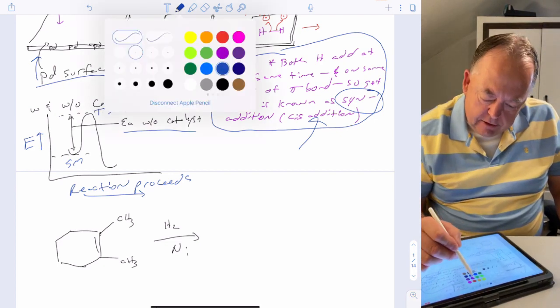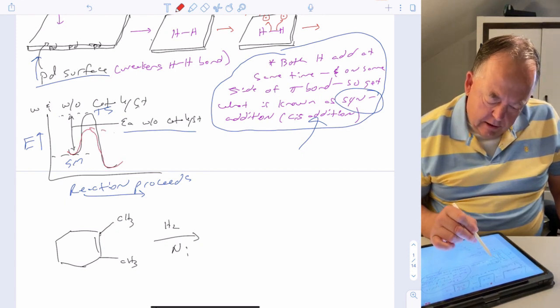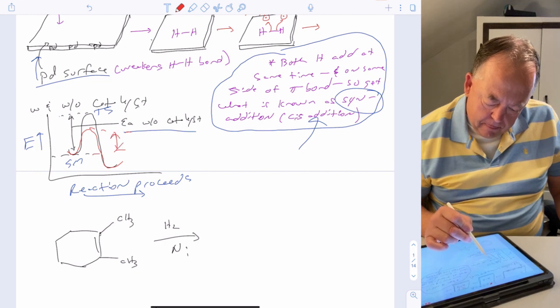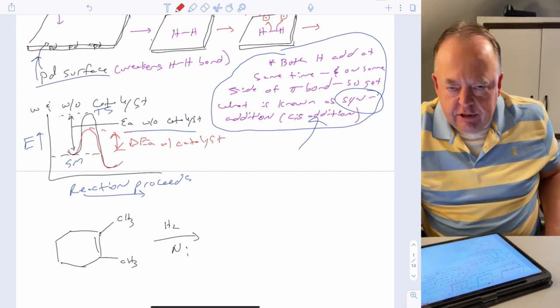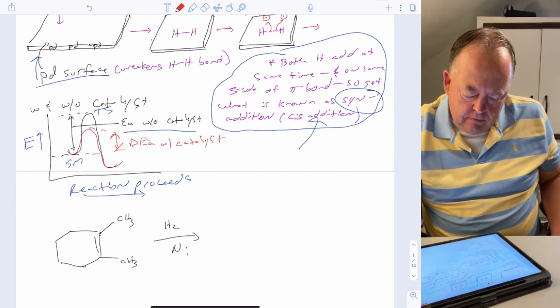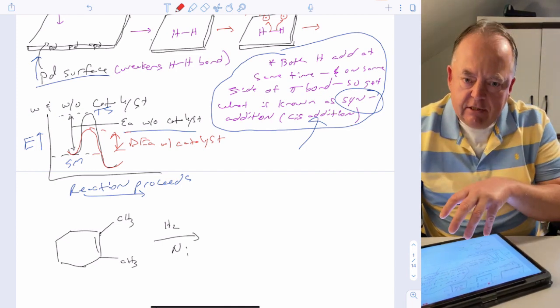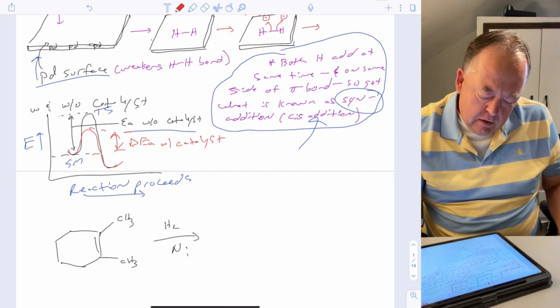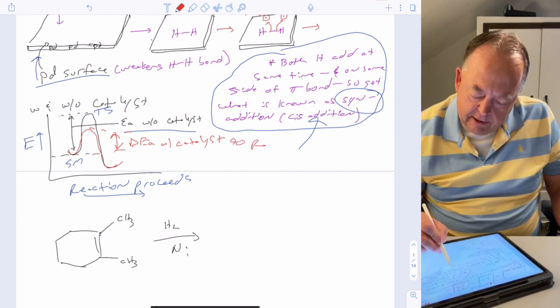So what does a catalyst do? It lowers the energy of activation. That would be the energy of activation with the catalyst. So the activation energy is lower. It can change the entire course of the reaction, but you start and you end at the same spot. But overall, it has a lower activation energy, so the rate is faster.